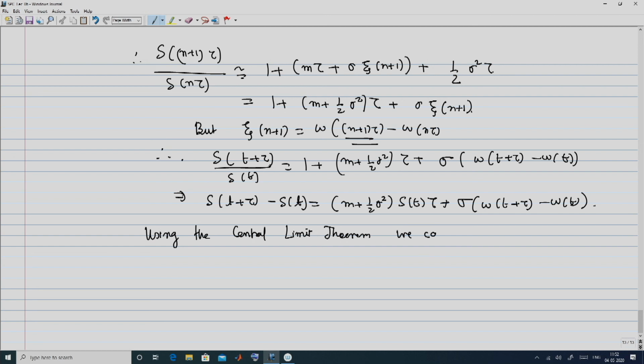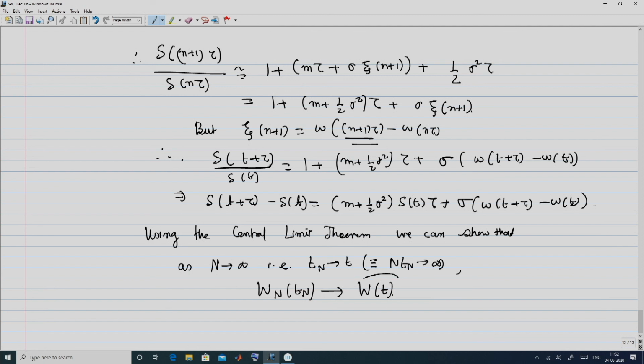We can show that as n tends to infinity, that is T n tends to t, or equivalently n T n tends to infinity, the following holds: W n of T n tends to some capital W of t. And here this W of t is known as the Wiener process.